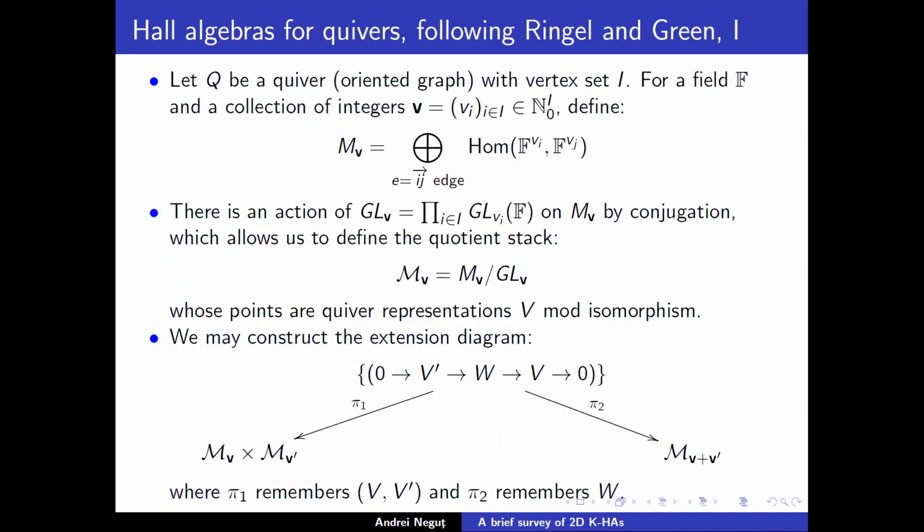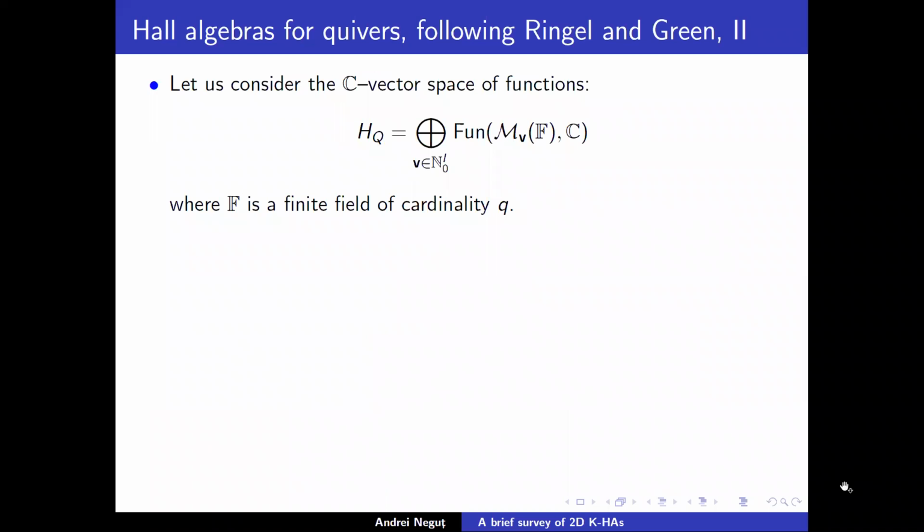That's why I'm just writing it down as a stack in the middle so that you can see what its closed points are. But it is still defined in a stacky way, so you quotient by a parabolic subgroup and so on. Now, what's going to be interesting are these projection maps, pi1 and pi2. Pi1 remembers the quiver representations V and V prime, the extremities of the short exact sequence, and pi2 remembers W, which is the middle of the short exact sequence.